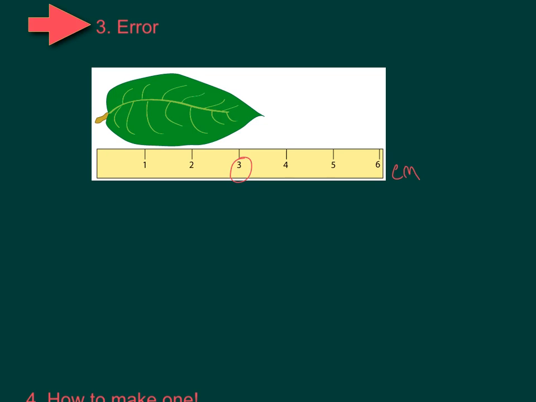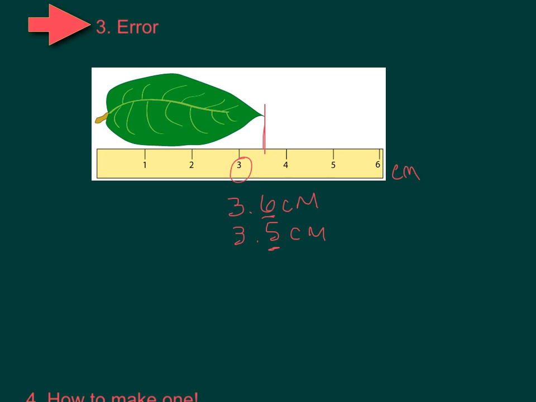So we would agree on that, but where we would disagree is what this number is, because there is no number that indicates how far past the 3 that leaf goes. So there's a certain amount of error that is introduced into this measurement, because I might say that's 3.6 centimeters, and you might argue that it's 3.5 centimeters, and so our measurements don't agree with one another, and therefore there's error in our measurement.